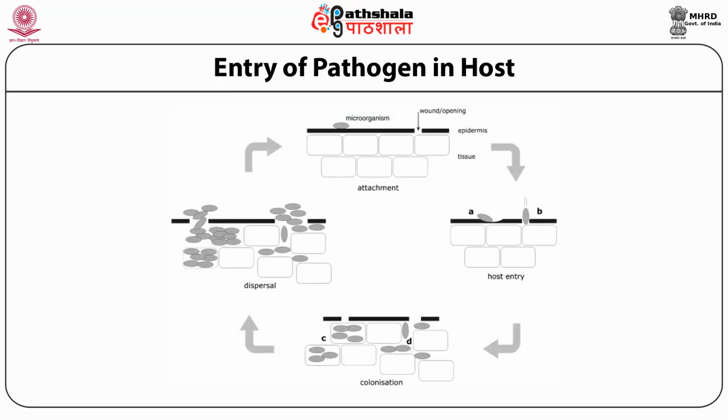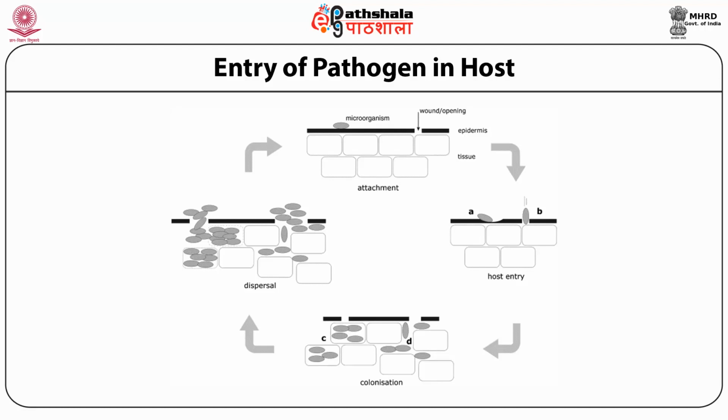General blueprint of microbial infection. It starts with the attachment of the pathogenic microorganism; the pathogen may then enter host tissue through an active penetration process or through wounds or natural openings.